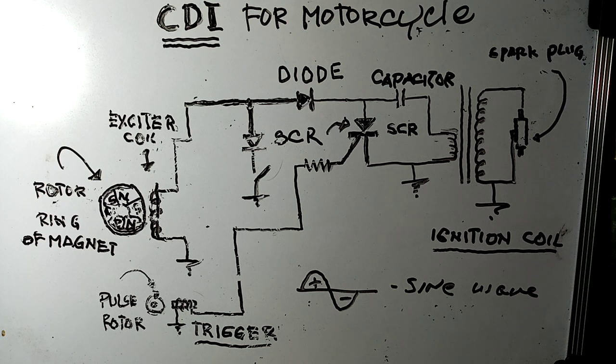We have here a schematic diagram, or wiring diagram, of a CDI. If you're not familiar with the components, we will discuss them one by one, name them, and explain the function.